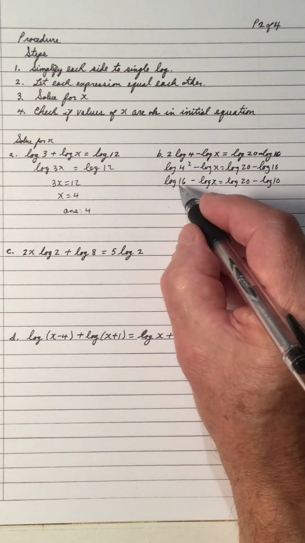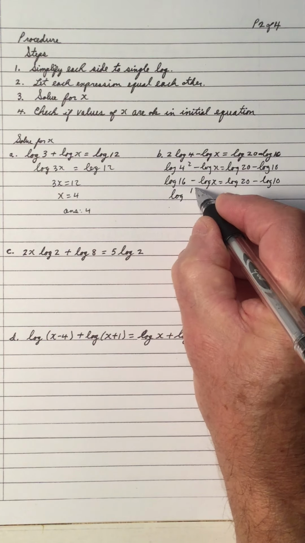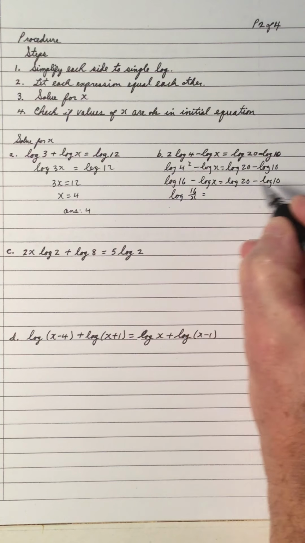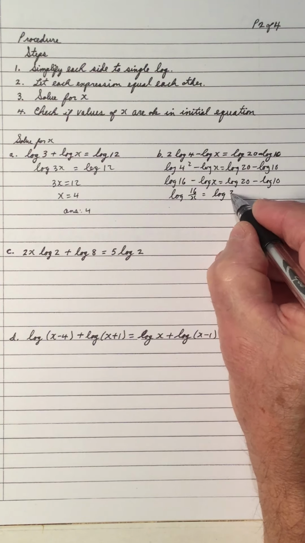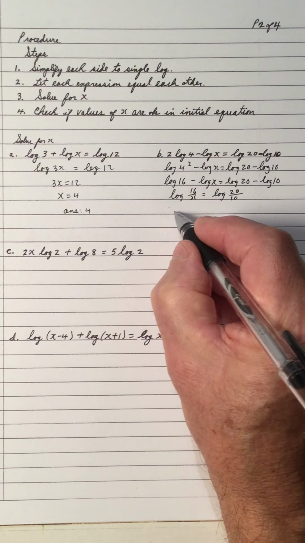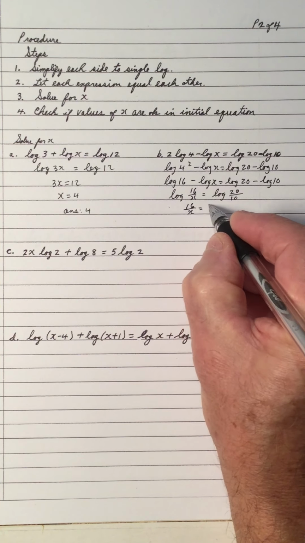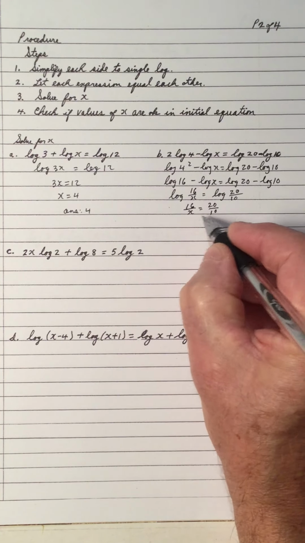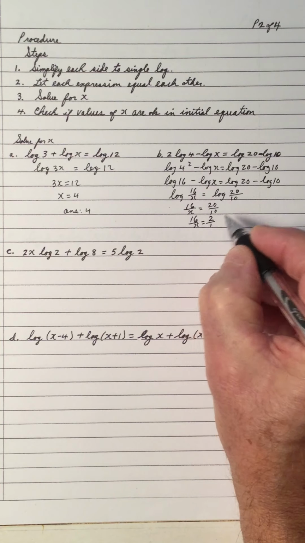Now we have the subtraction of logs, so that's the log of the quotient, so 16 divided by x. This is the subtraction of two logs, so it's the log of the quotient, so it's 20 divided by 10. So that means that we have 16 over x equals 20 over 10, and 20 over 10 is 2 over 1.